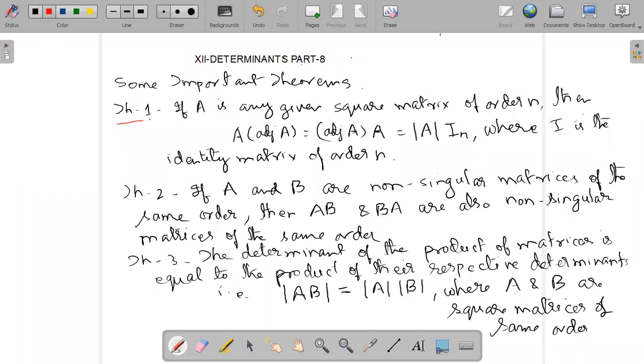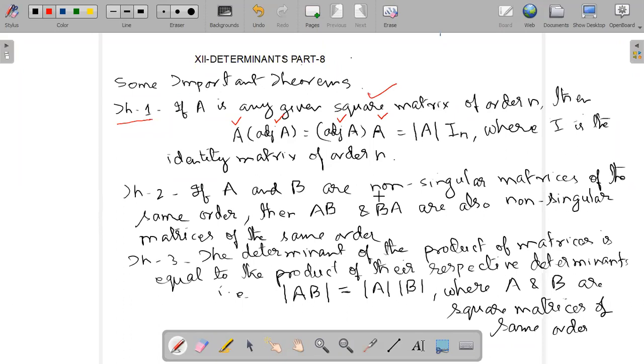Theorem number 1: if A is any given square matrix, meaning 2 rows, 2 columns, or 3 rows, 3 columns, then the matrix A multiplied with its adjoint A, which is also a matrix, equals the determinant of A multiplied with the identity matrix.